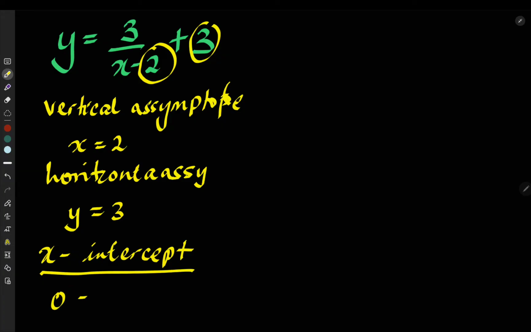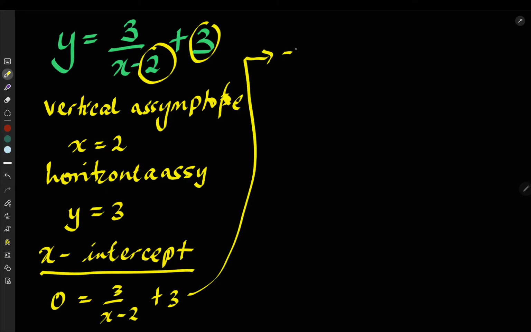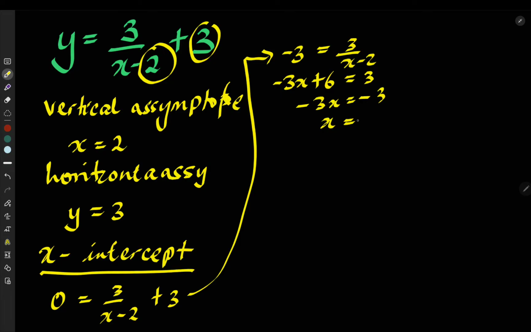So if y is 0, we have 0 equals 3 divided by x minus 2 plus 3, which can be simplified to negative 3 is equal to 3 divided by x minus 2, which simplifies to negative 3x plus 6 is equal to 3, then 3x is equal to 3, then x is equal to 1. So it's positive 1. That is the x-intercept.